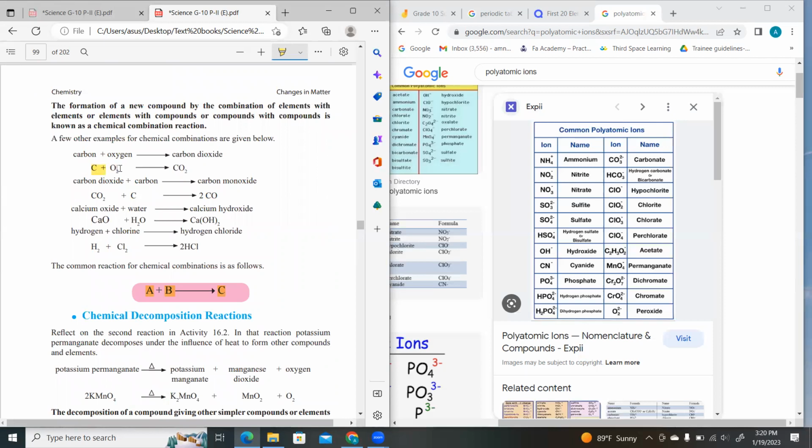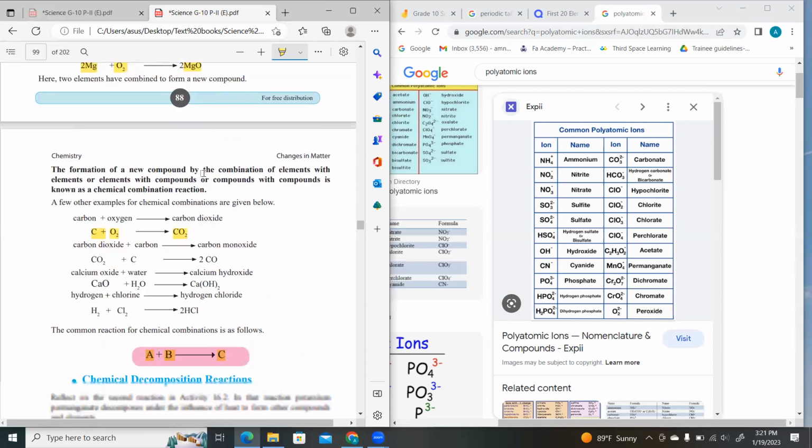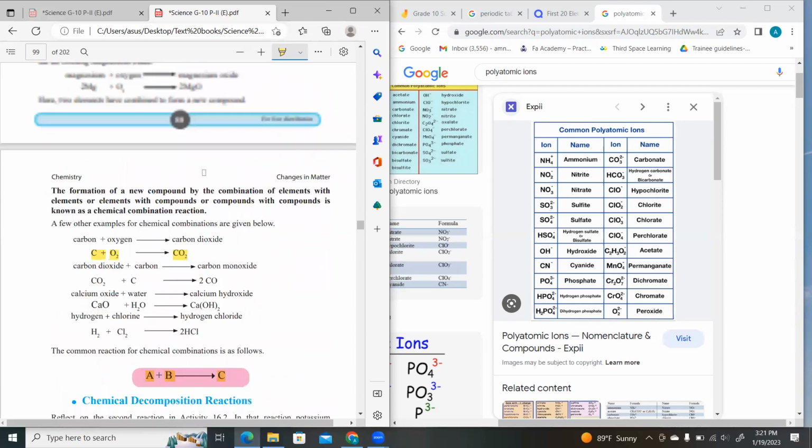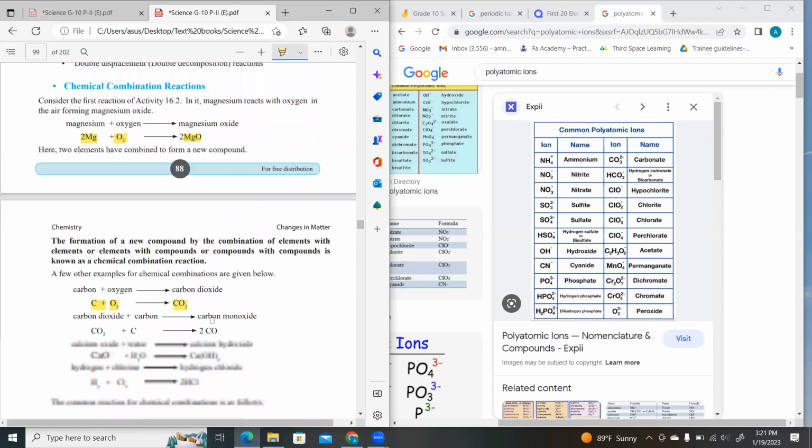Carbon is combining with oxygen. Both are combined, right? So don't worry, I'll teach you all how this reaction came. You must be wondering, Mg and O2 is somewhat totally different, and how did it become MgO? I'll explain that to you all. So first you should remember chemical combination reactions, right?